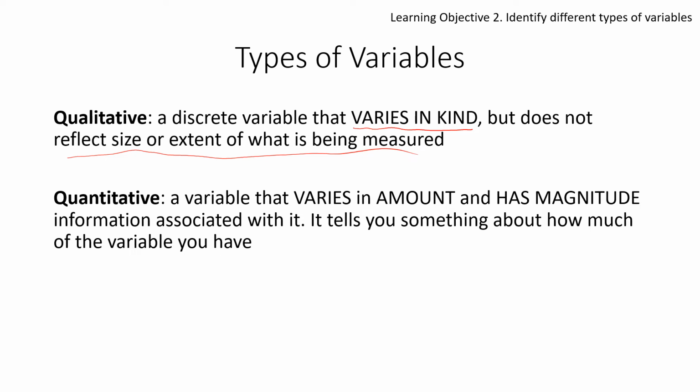It's measuring the distance from the top of your head to the ground, and it does vary in magnitude or amount. So the difference between qualitative and quantitative is that qualitative varies in kind and doesn't reflect size or amount, whereas with quantitative, amount or magnitude is important.